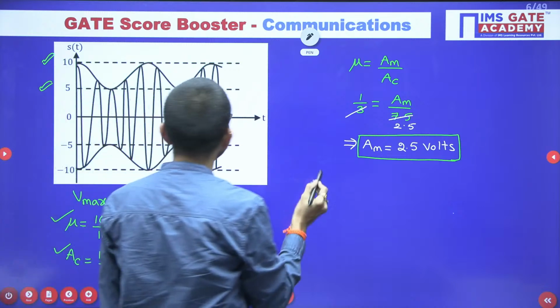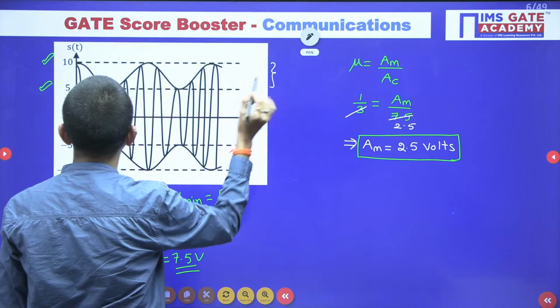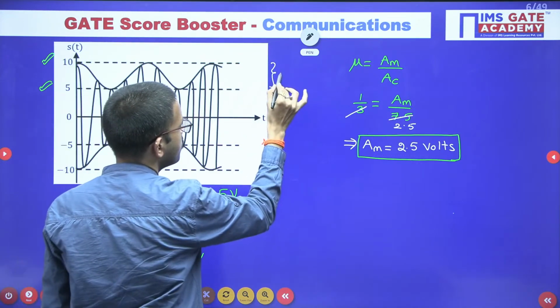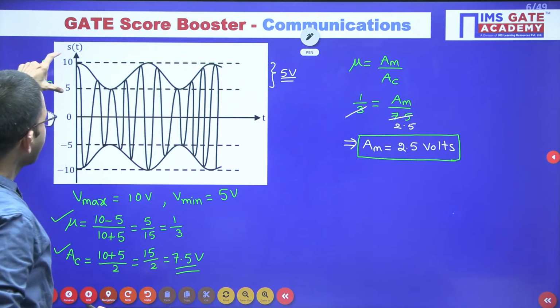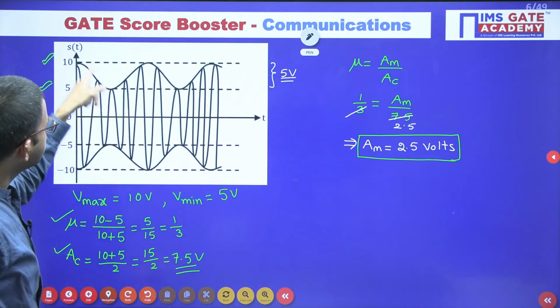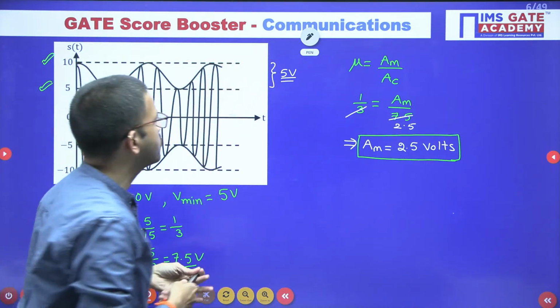So from here, you are going to get 10 minus 5, which is 5 volt. So regarding this particular signal, the peak to peak amplitude is 5 volt.